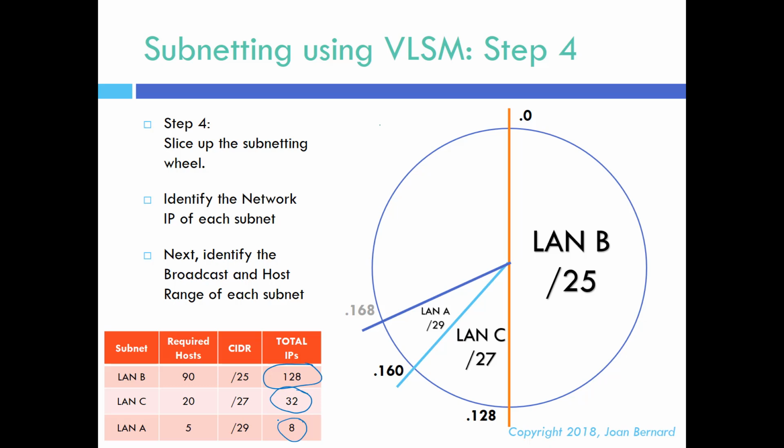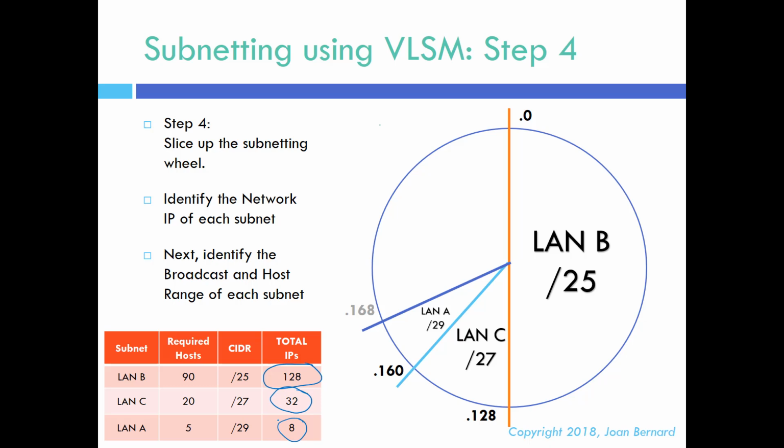Now, for LAN A /29, I can see the size of that range. When you slice and dice the pie, it doesn't have to be exact. It gives you a feeling of where you are and what IP addresses are remaining. All right, looks good so far. Now that we know the network IPs, or the starting points, for the 3 subnets, I need to find their broadcast.